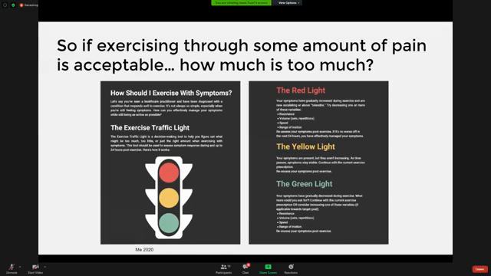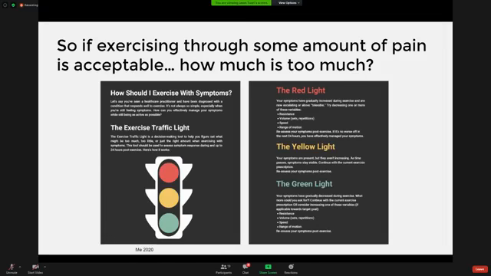In that session, what you're looking for is, if something gets better, then it's your green light, keep going. If your symptoms are present, but they're not necessarily increasing and they are tolerable to you, then that's your yellow light: proceed with caution, and assess within that next 24 hours, did anything get worse? If it didn't, then you're all good. And then the red light is the very obvious one.